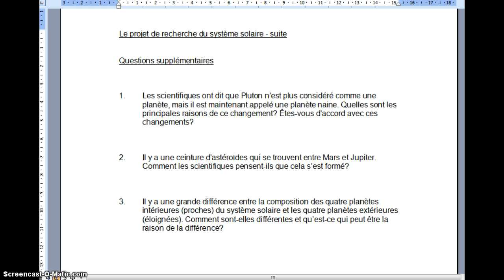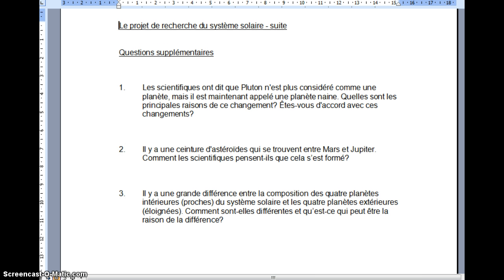Second question: there's an asteroid belt found between Mars and Jupiter. How do scientists think this was formed? And next, with the composition of planets, there's a huge difference between the composition of the 4 inner planets and the 4 outer planets. How do students think these differences have taken place?